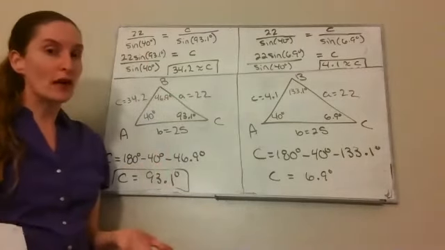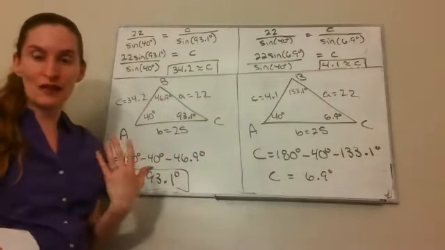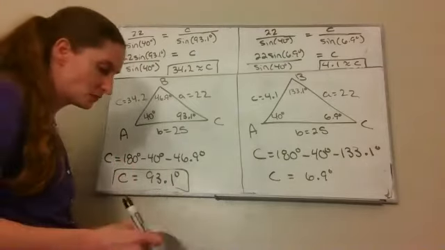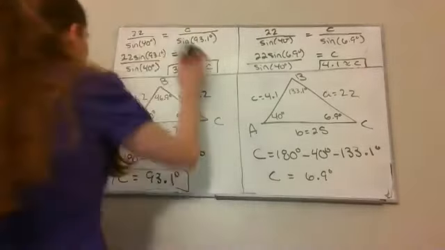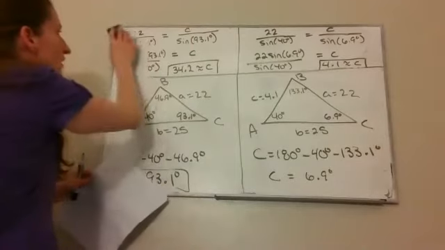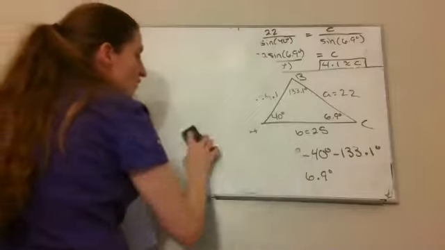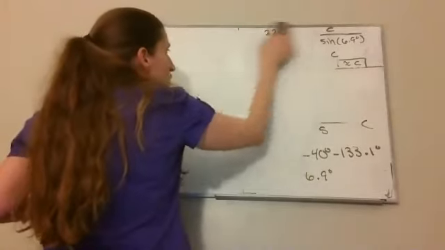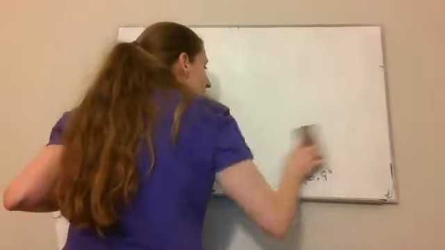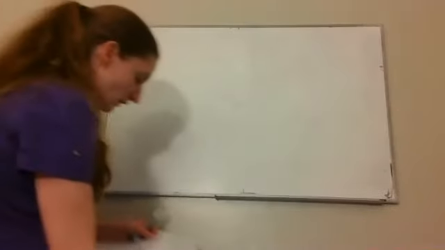Two very different triangles, but both are valid given the information that we were given. So this shows you when you're given two sides and an angle, it is possible to have one unique solution, no solution at all, or two completely different triangles as possible solutions.